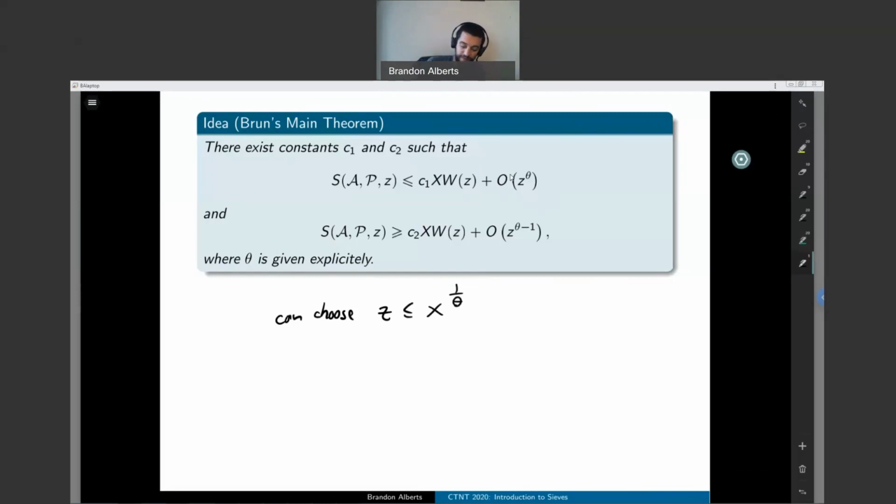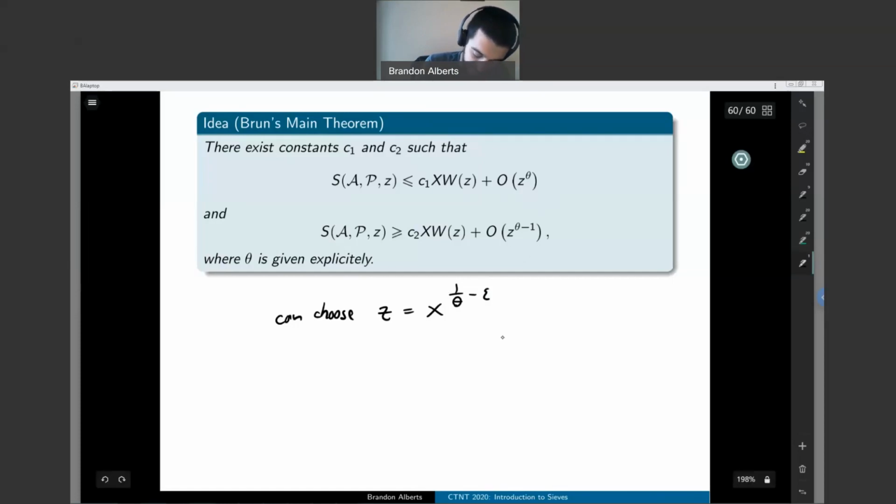Or maybe we'll put 1 over theta minus epsilon. That will still guarantee that both of these errors are smaller than x, and we'll get a non-trivial savings. But this is a much bigger choice of z than we were able to pick before.